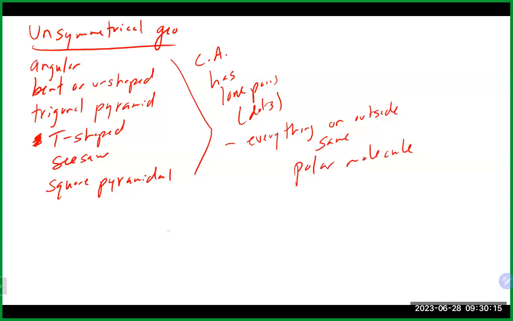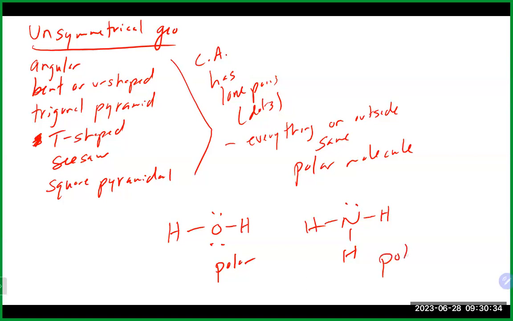Like what we just saw there, water. I see dots, I see everything on the outside is the same, going to be polar. This guy should be polar as well. I see dots, everything on the outside is the same, unsymmetrical. That would be polar. So anywhere where you have dots and everything on the outside is the same, most likely going to be a polar molecule.